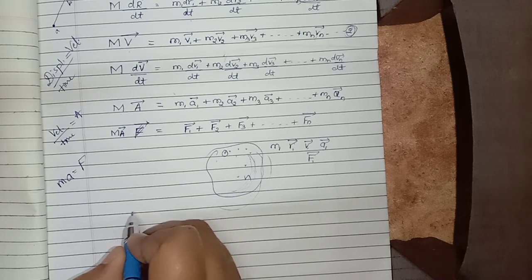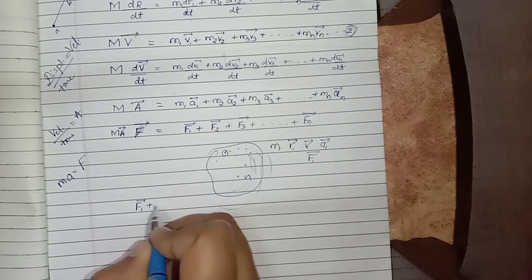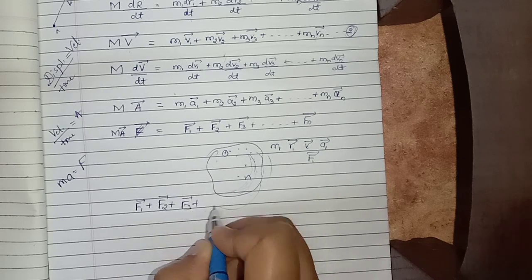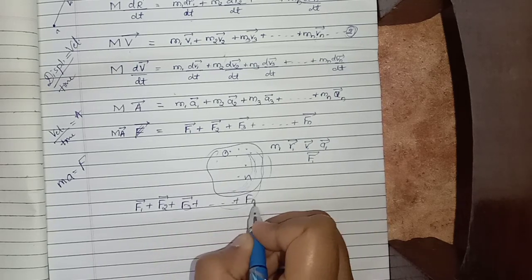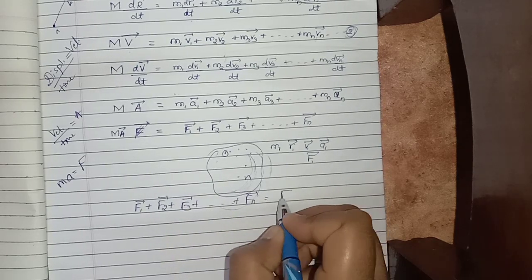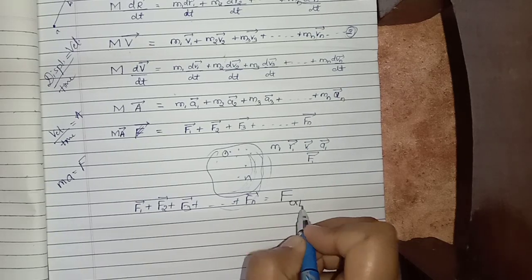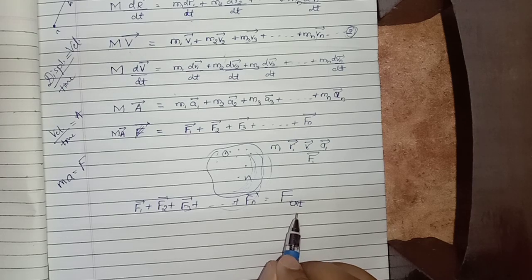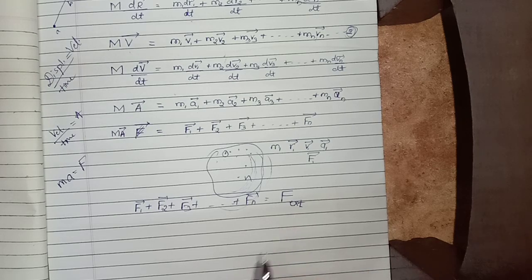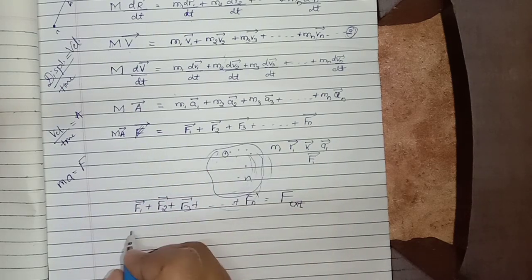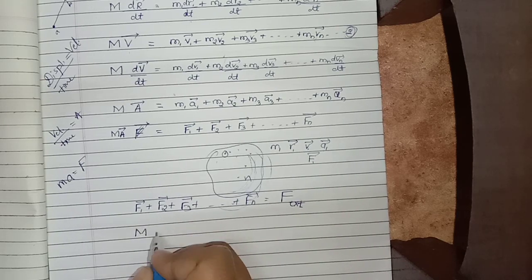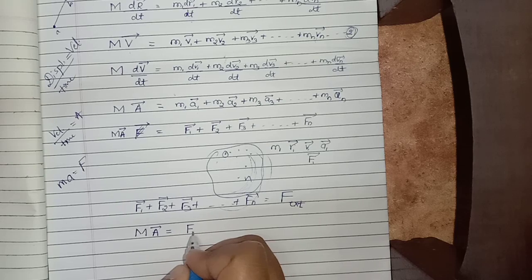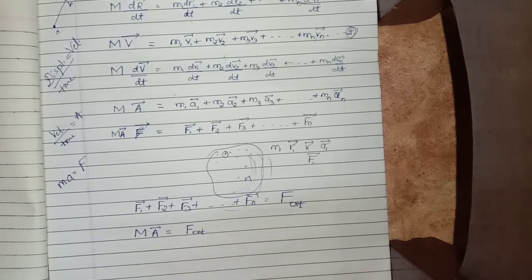We can write F1 plus F2 plus F3 and so on up to Fn as F external, with the subscript ext. So from here we can write M into A is equal to F external.